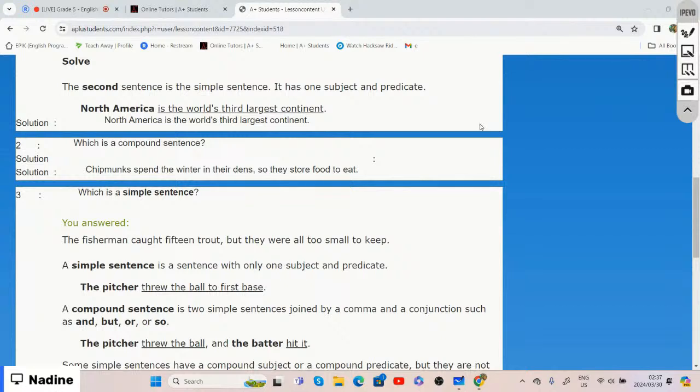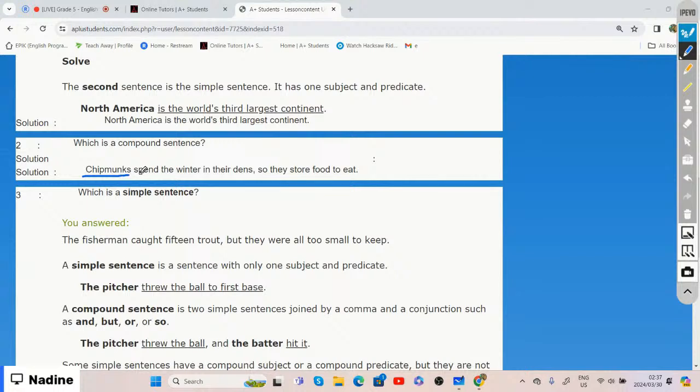All right, so we need to say what type of sentence it is. And if we look at that, it says chipmunks spend the winter in their dens, right? So, which is our coordinating conjunction, they store food to eat, which means that that is a compound sentence.